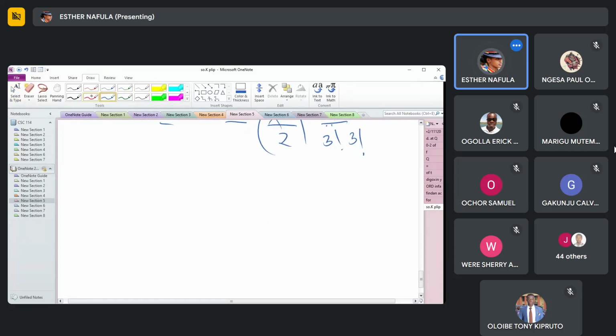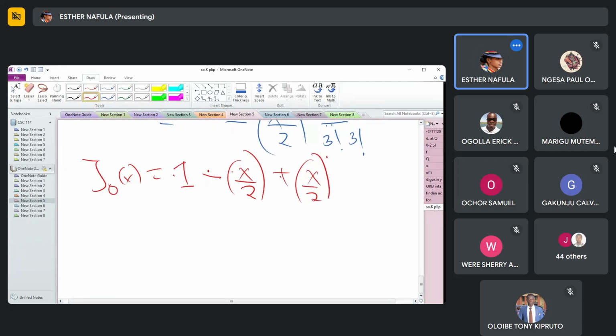So we have J_0 of x equals, the first term was 1. What was the second term? For those who are following, minus (x/2) squared. Yes.